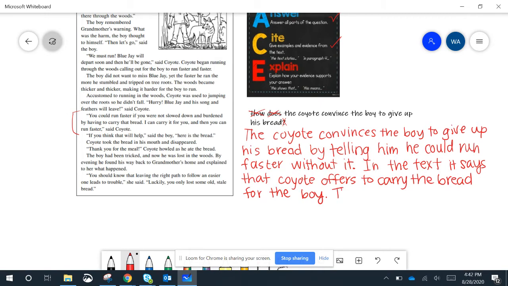So this shows that the boy thinks the coyote is trying to help him.